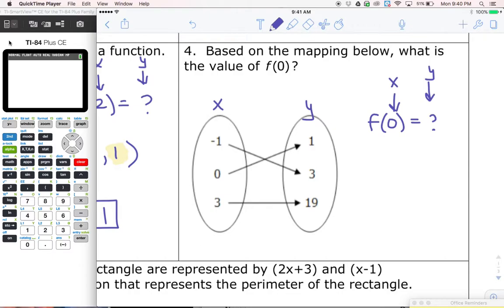So they're telling you x is 0, well, what is y? If x is 0, y is supposed to be 1. So in this case, it ends up also being a 1. Just a coincidence. Remember, guys, x is in the parentheses, and the y is the answer that you're going to be giving.